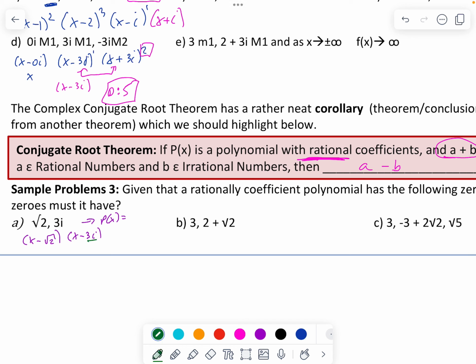I know that in order to balance out this 3i, I need to have an x plus 3i to make sure that coefficients are real. So that's necessary. But I also have this guy over here to balance out, and that would be an x plus square root of 2 to make sure that I don't have irrational coefficients.